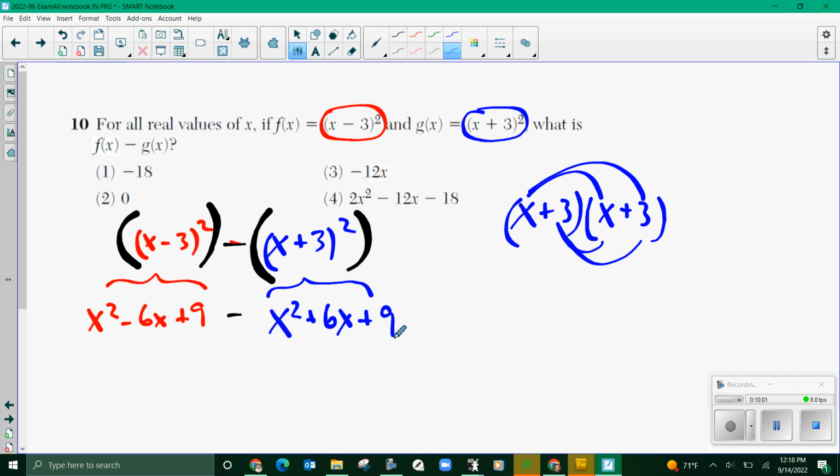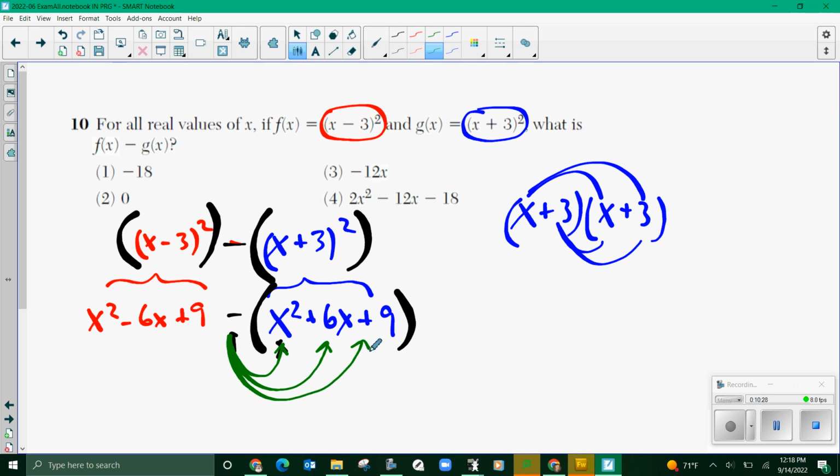Now, I said I'm going to subtract everything. If I just leave it the way it is, the only thing I'm subtracting is the x squared. But I've got to subtract everything, which means that minus sign is going to flip the signs of everything after it. This x squared will turn to a negative, but this positive 6x should turn to a negative 6x, and this positive 9 should turn to a negative 9.